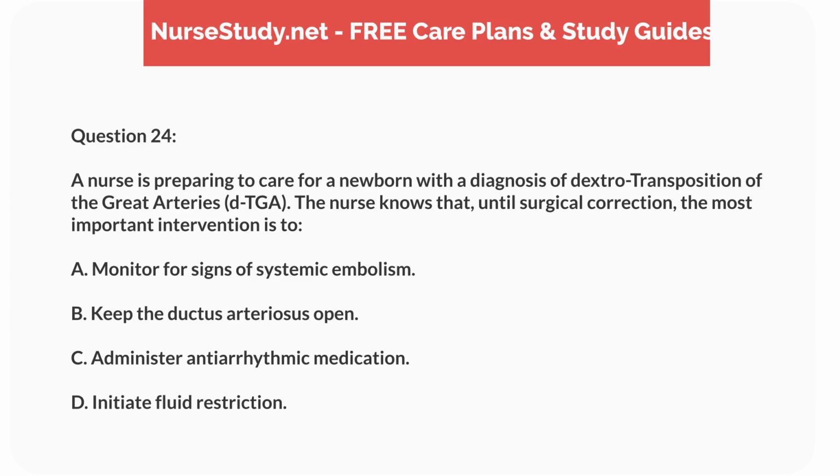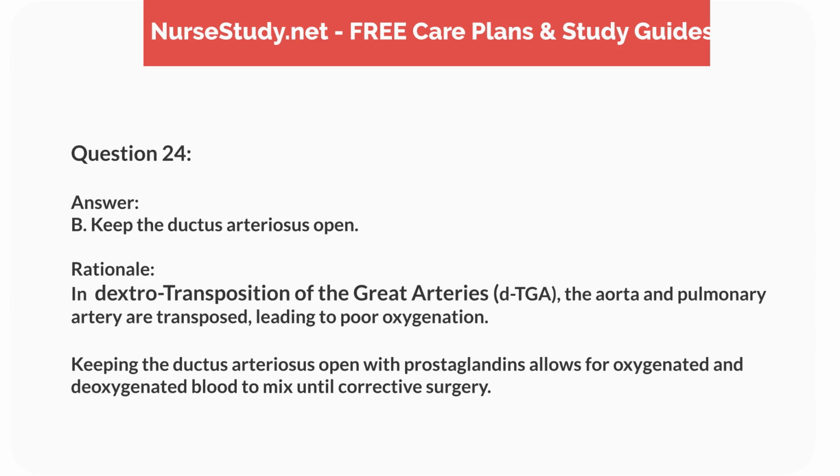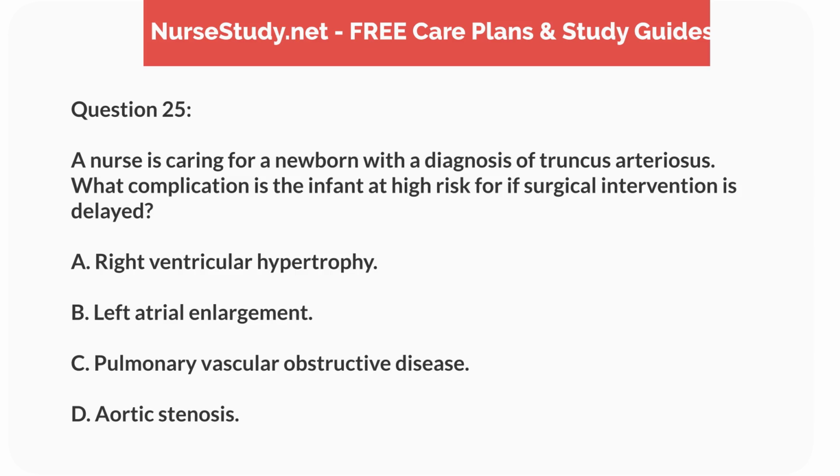D. Initiate fluid restriction. Answer: B. Keep the ductus arteriosus open. Rationale: in dextrotransposition of the great arteries, the aorta and pulmonary artery are transposed, leading to poor oxygenation. Keeping the ductus arteriosus open with prostaglandins allows for oxygenated and deoxygenated blood to mix until corrective surgery.